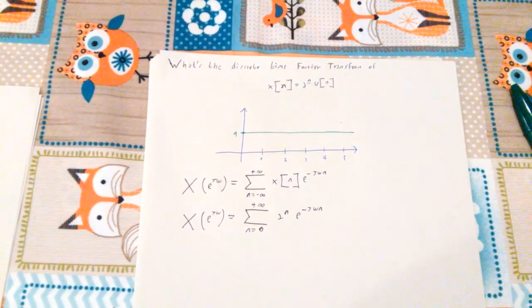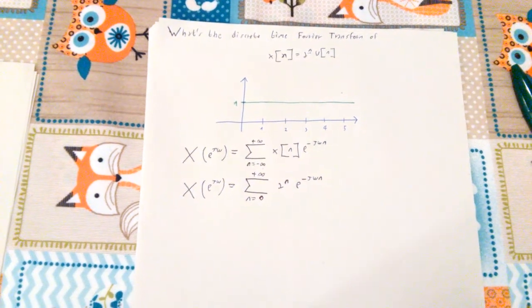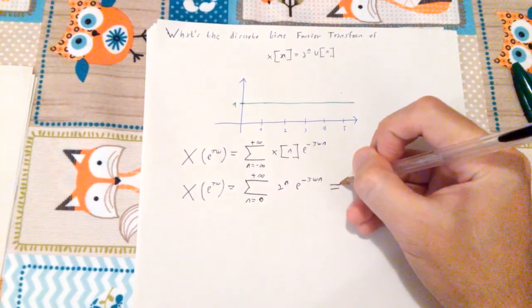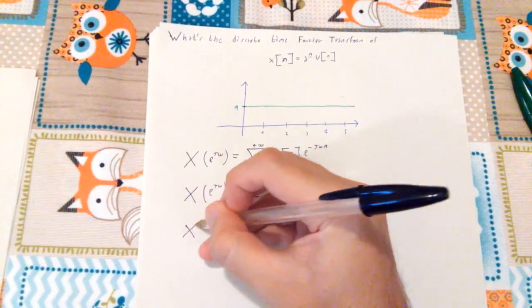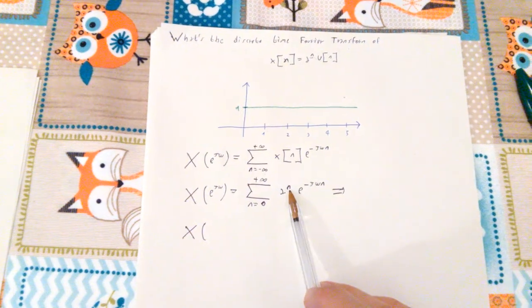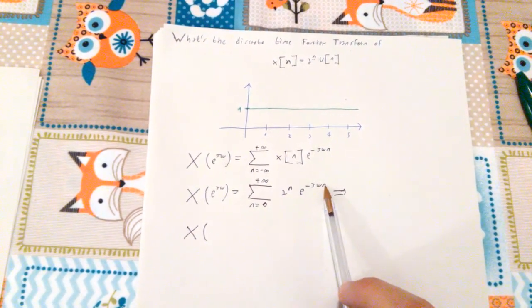Now, we're almost there because it's getting to something that we know how to deal with. From here, we can work with those exponents because we have an n here and an n here.